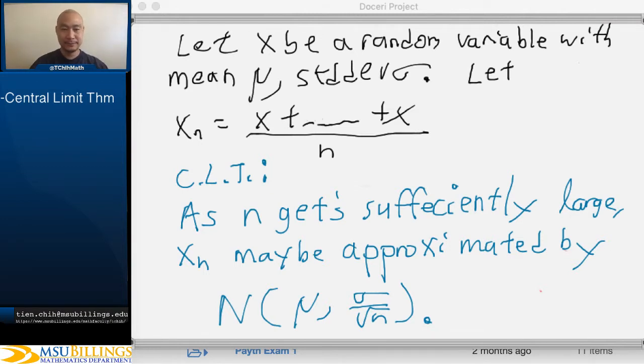So this really is, in a sense, a fundamental theorem of statistics.